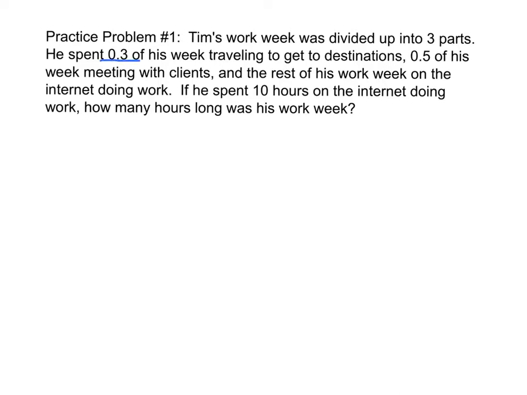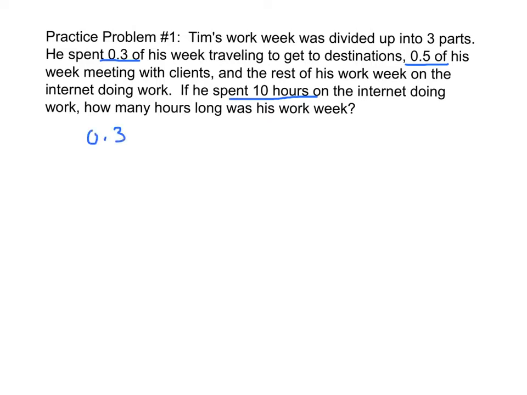In some of the information I am given, I am told the decimal portion of the time that he spent doing things, and in the other part of the information, I'm given the actual amount of time that he spent doing something. So the very first thing I want to do is figure out what decimal portion do I know that he worked on some things.